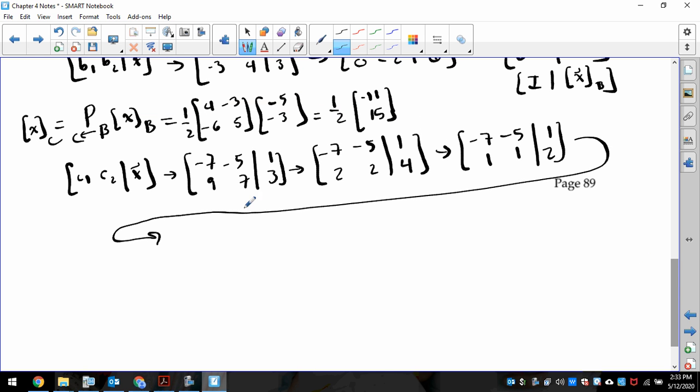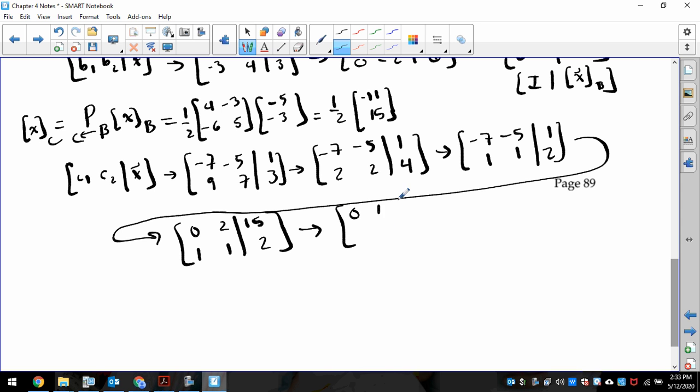And then we'll eliminate the 7 by adding 7 to the row below it. So that's going to put a 2 here. And that's going to put a 14 plus 1, 15 right there. And this is a 2 still. And then we'll swap the rows and maybe divide that by 2.